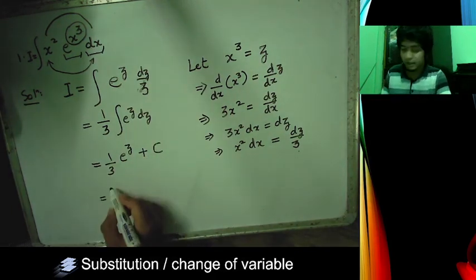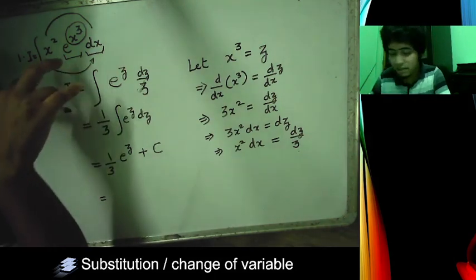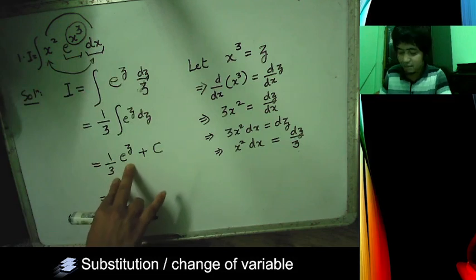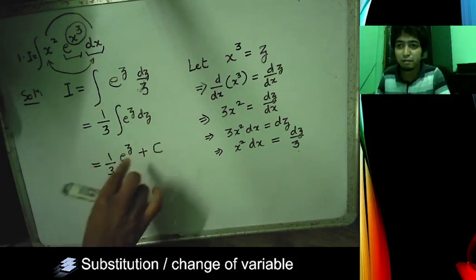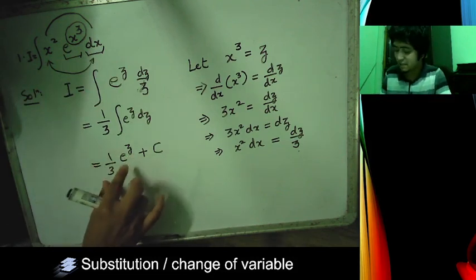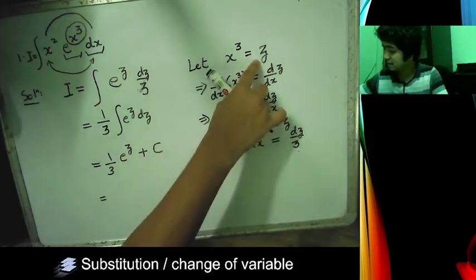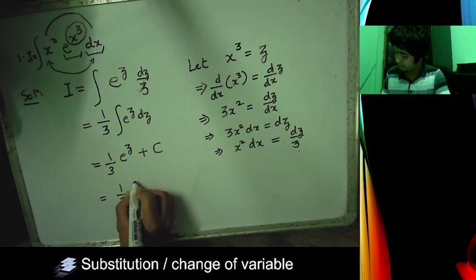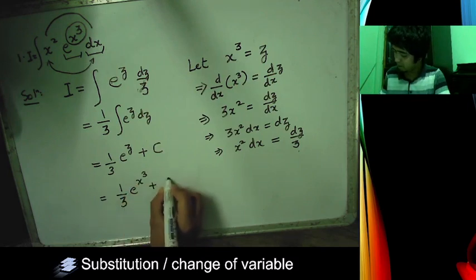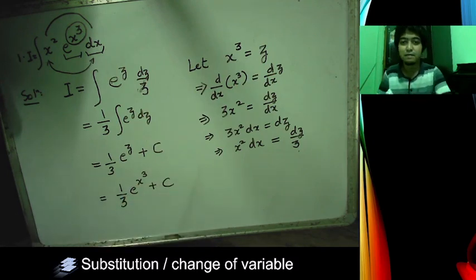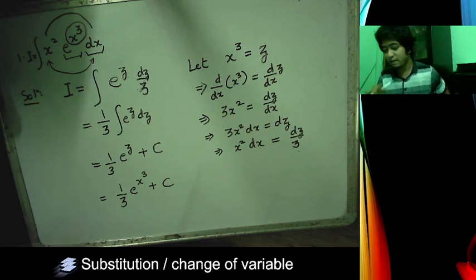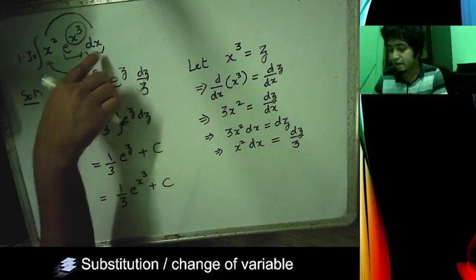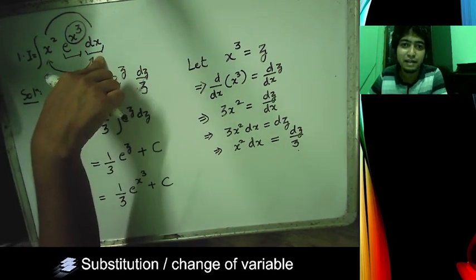Okay, so over here, the original problem was stated in terms of x, but we had got a solution in terms of z. So what we will do next is we will change this z again into x. Z is equal to x cubed. So this will be the answer. So the main point over here is this: when you are having x everywhere, even over here you will be having dx.